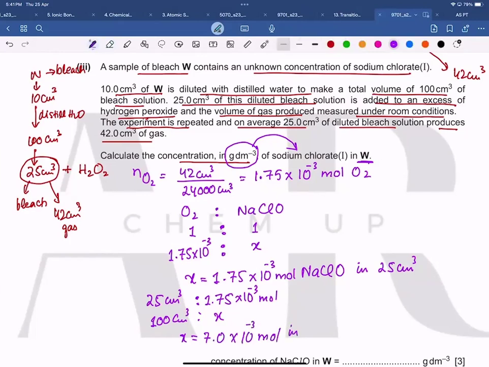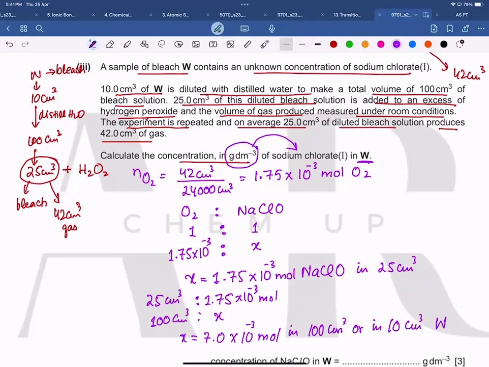Okay, these are in 100 cm³. Now think that 100 cm³ in which we put just 10 cm³ of W, right? In 100 cm³ of volume, we just put 10 cm³ of W. So it means in 10 cm³ of W, the moles would be the same.